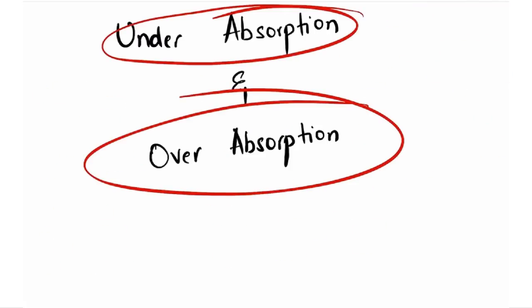Under absorption and over absorption of overheads. Now what is this under absorption and over absorption? Before we go into it, let's try understanding that I told you we will be absorbing the overheads based on the budgets.